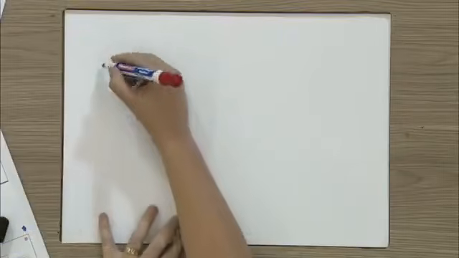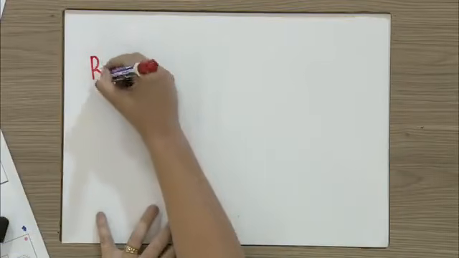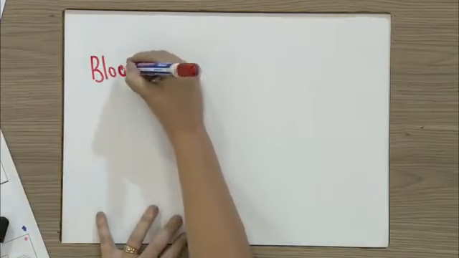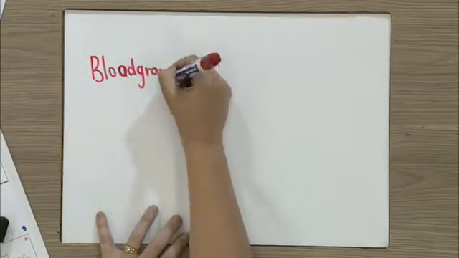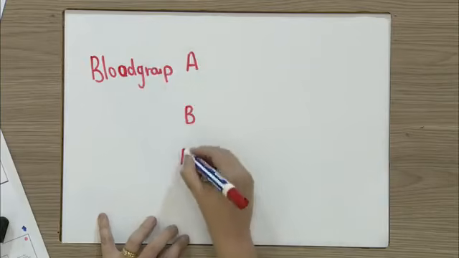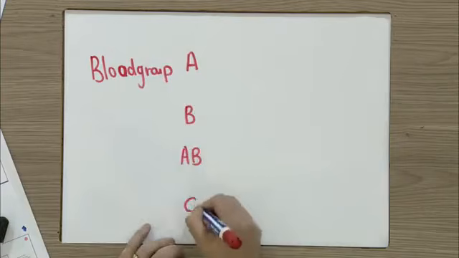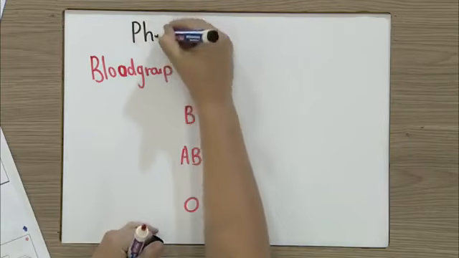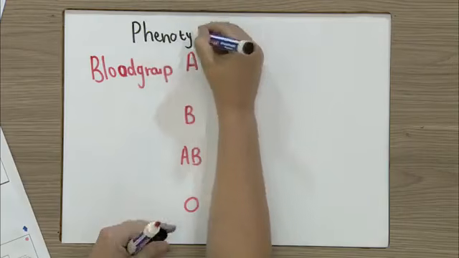Alright, so on the board we have blood group A, B, AB, and O, and those 4 are known as your phenotypes.